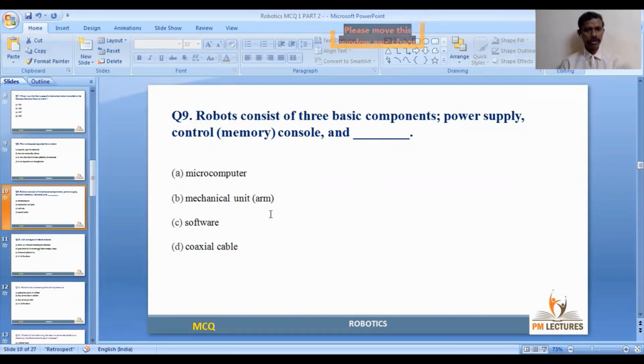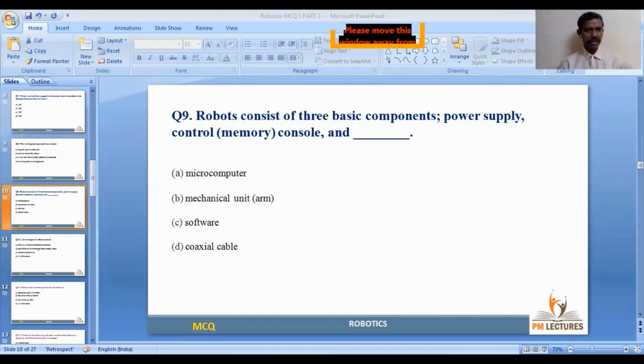Option B, mechanical unit arm. Option C, software. Option D, coaxial cable. So the correct answer is mechanical unit. All others are not related to the robot components. So option B is the correct answer.